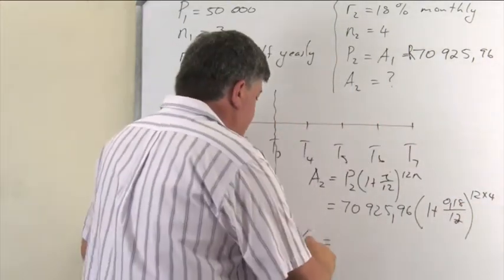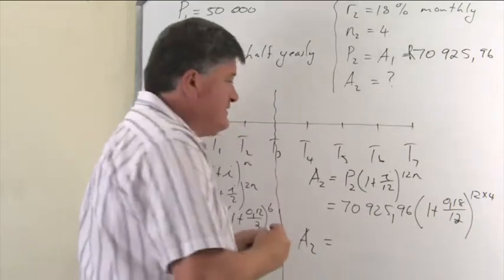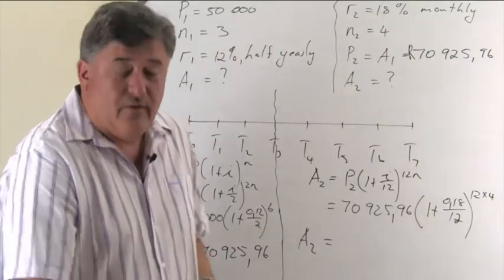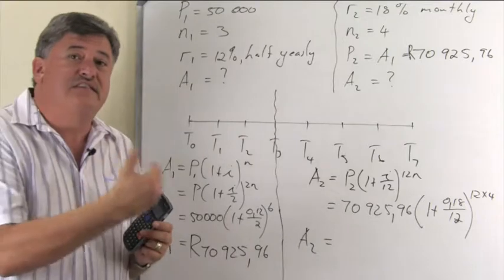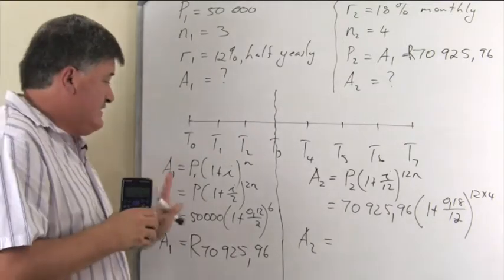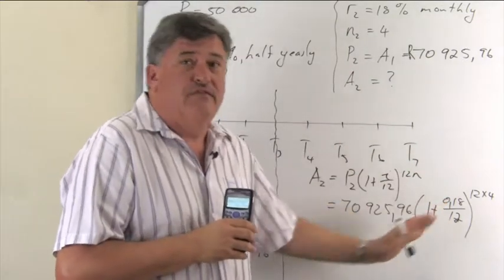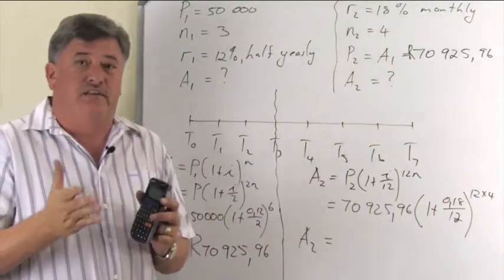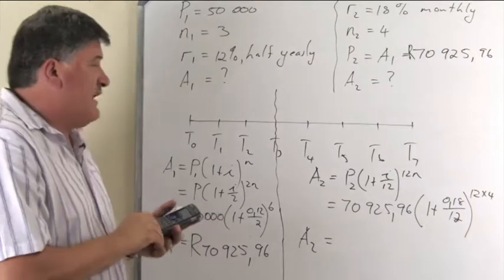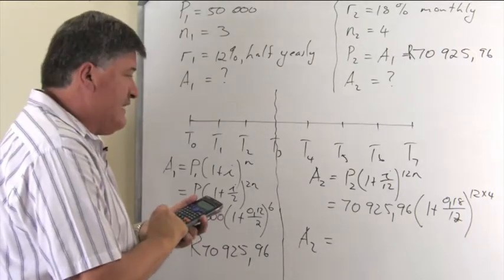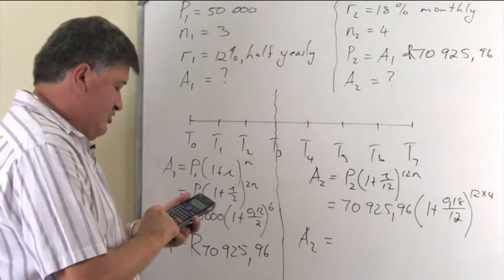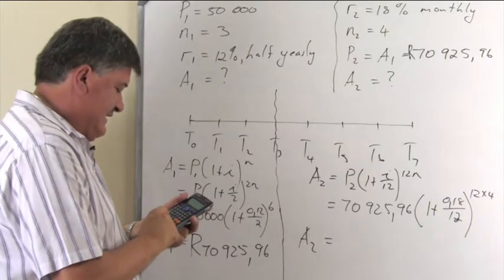And now you take your calculator and we calculate our future value after the 7 years. This was after 3 years. Then we reinvest that money for a further 4 years at a different interest rate. So let's now see what that is. It's the 70,925.96.